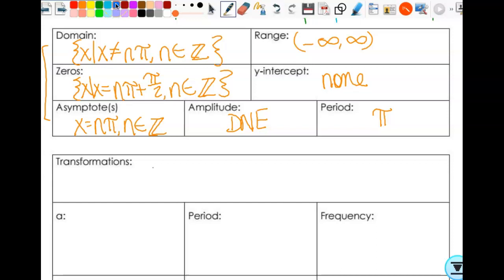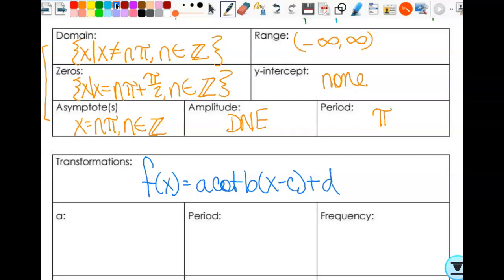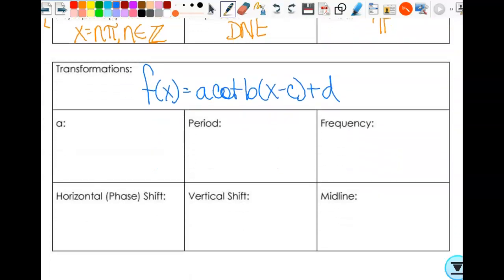So my transformations, f of x equals a times the cotangent of b times x minus c plus d. Put them all in there. A, still not an amplitude, so it's the absolute value of A, still your vertical stretch or compression.